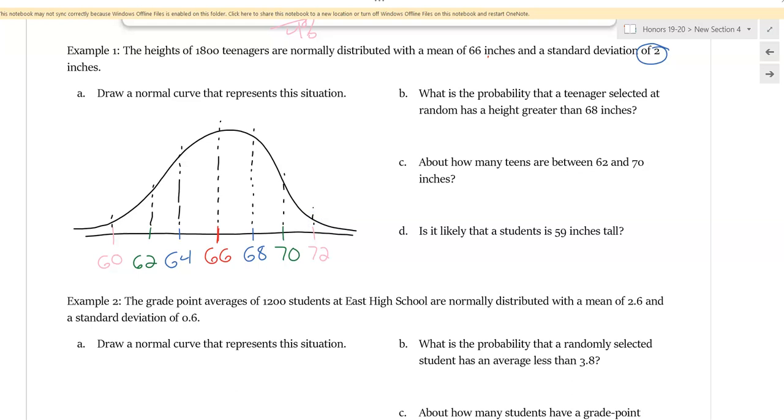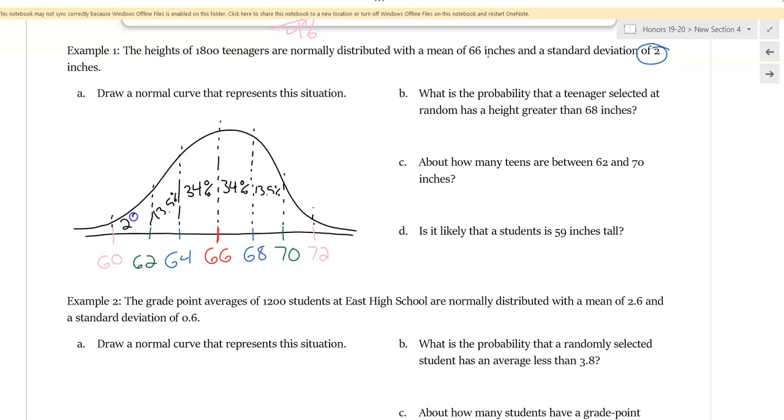And then I'm going to fill in my percentages. In the middle 2 is 34. Okay, so the middle is our 34s. The next 2 are 13.5 percent, the little percent symbols.